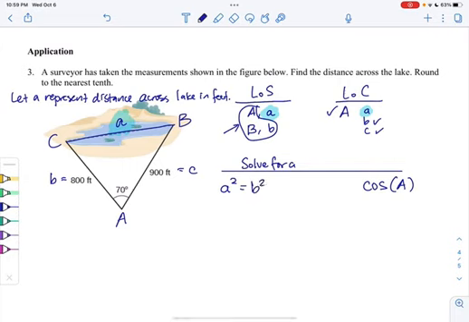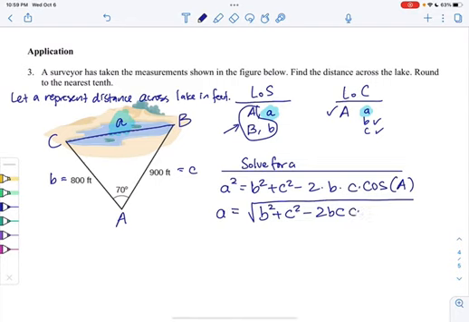And then this is going to be b squared plus c squared minus 2bc. Boom. All right. Now, if I'm searching for a, well, that's good because I'm basically already solved for this. So I've got a squared, so a is just going to be the square root of all this stuff. Okay, easy enough.